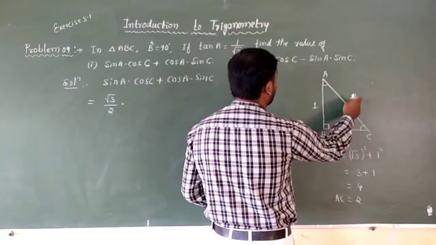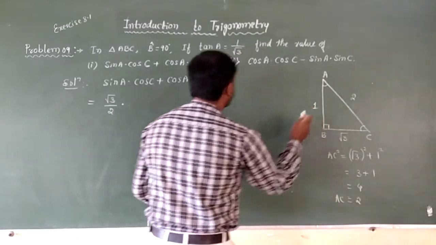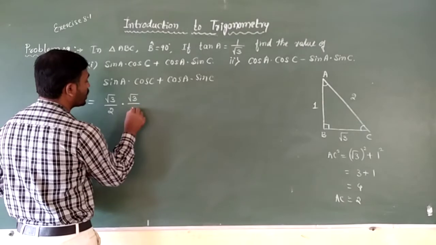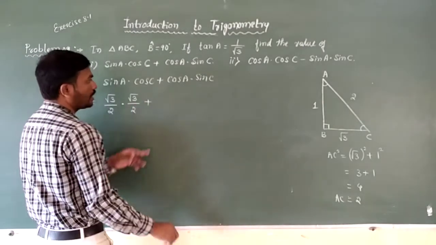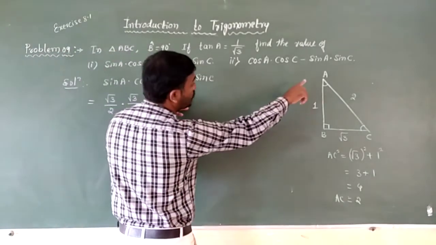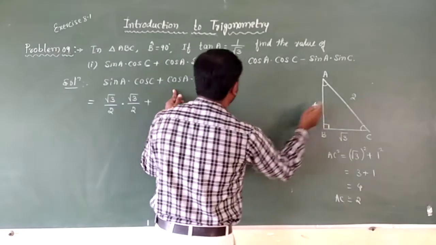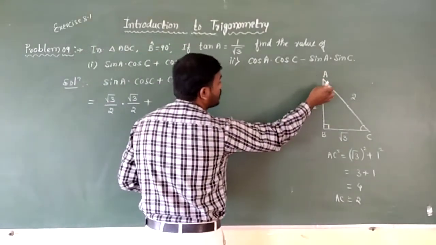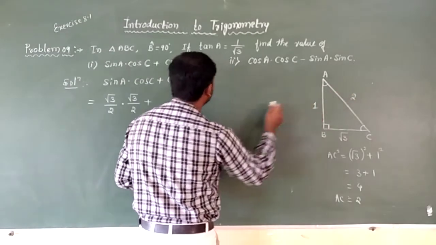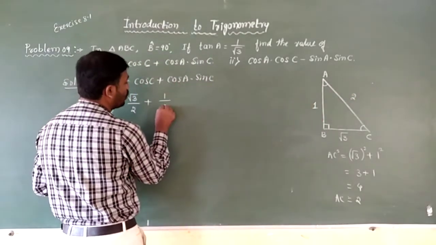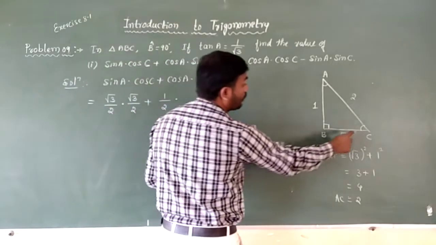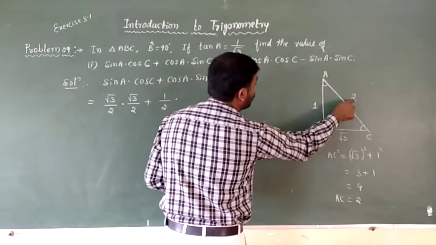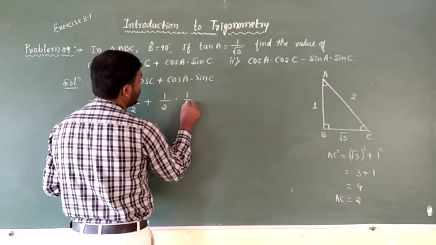Adjacent by hypotenuse, which is root 3 divided by 2, plus cos A. Cos A is adjacent by hypotenuse, which is 1 by 2, into sin C. Sin C is opposite 1, hypotenuse 2, so it is 1 by 2.